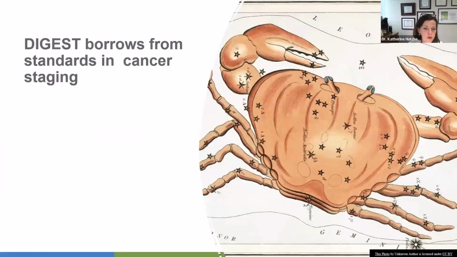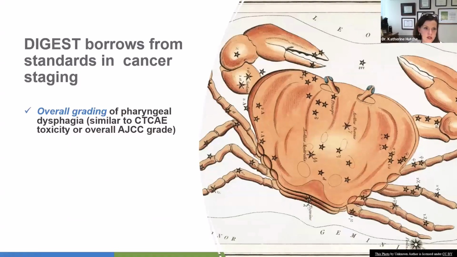And this brings up an important point, which is that we do get different data from Digest. So we get the overall grade of the dysphagia. For those that work in cancer, this borrows from cancer staging, where you get the overall stage of a cancer. This is a stage 3 head and neck cancer. That's the Roman numeral, right? The AJCC grade.